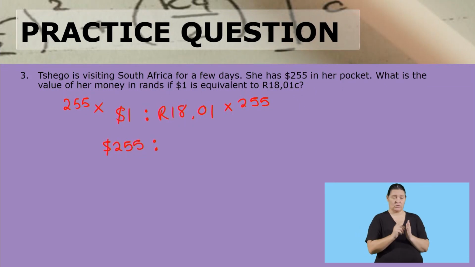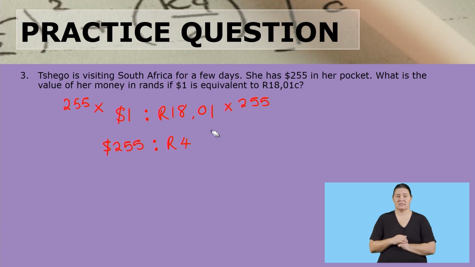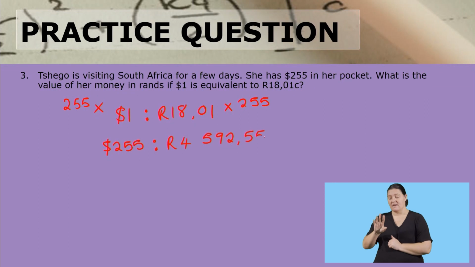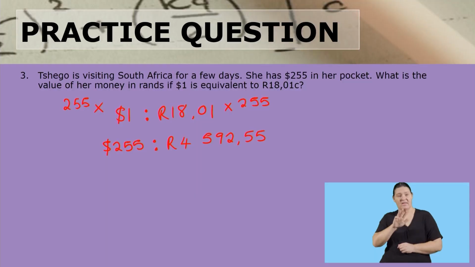And when you punch that into your calculator exactly as it is, that is 18,01 multiplied by 255, that will give us an answer of 4,592 rands and 55 cents. So this means that Tshego will actually have 4,592 rands and 55 cents in her pocket when she has converted that money.